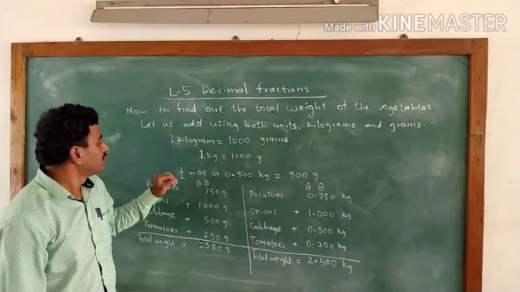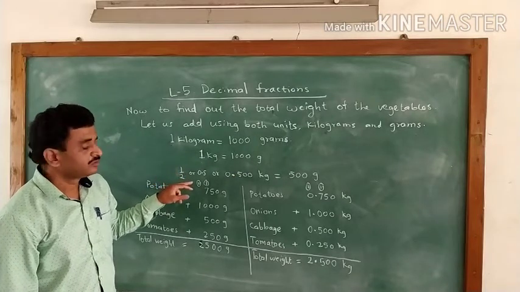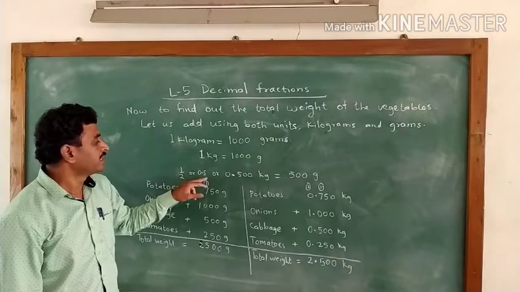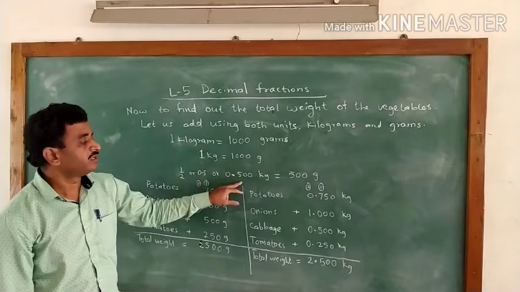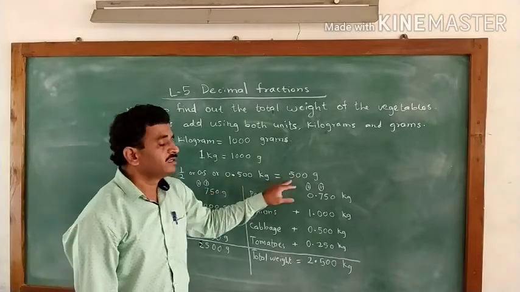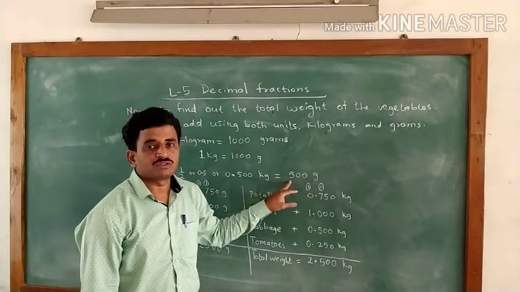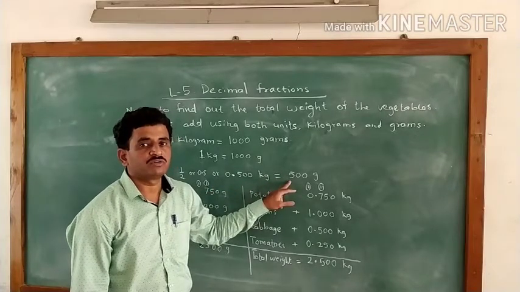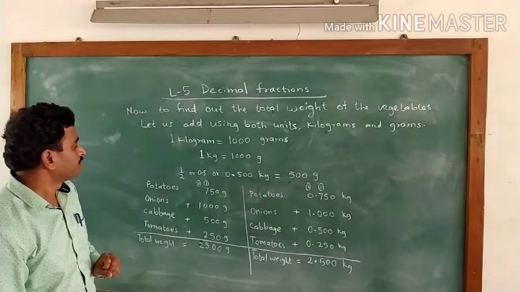When we take half kilo, or 0.5 kg, or 0.500 kg, where kg stands for kilogram, it is called 500 grams. Half kg is equal to 500 grams.